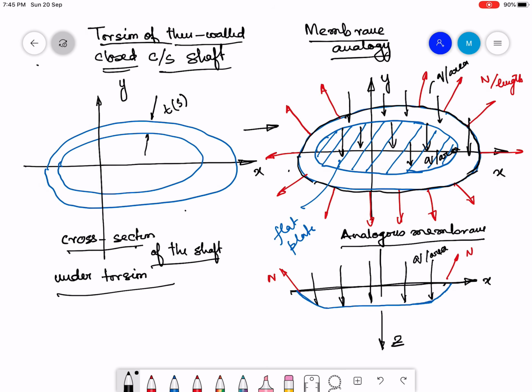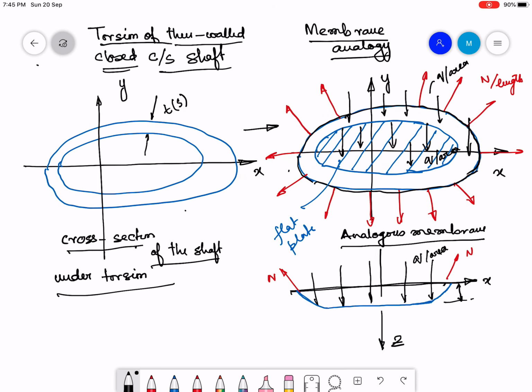Okay, so this is going to be the deformed shape of the membrane, right? And we can see that the pressure Q per unit area is acting all over the deflected shape of the membrane. Now let H be this height.